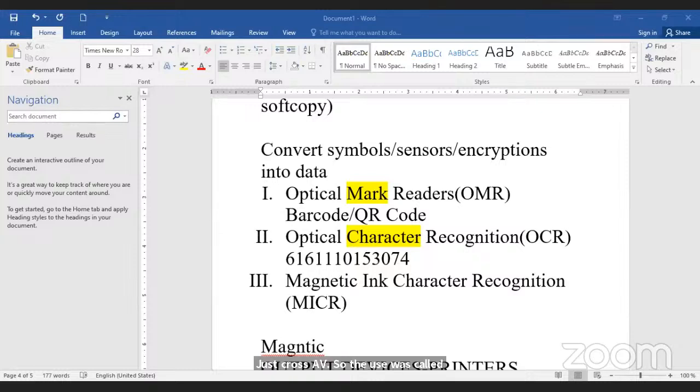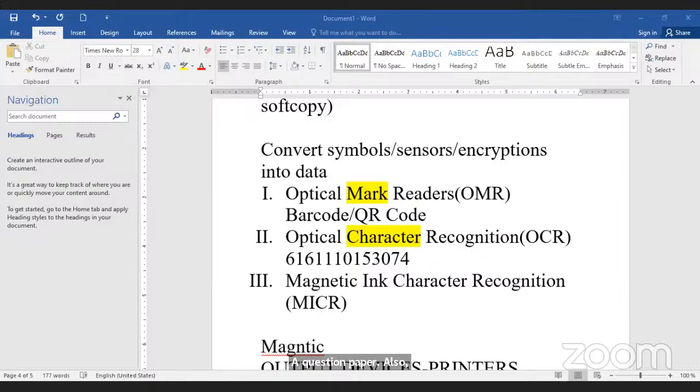They program the computer, and when they take the answer sheet, the computer compares it with the results that are in the computer, so they can easily mark your paper using the marks you have made on that particular question paper.